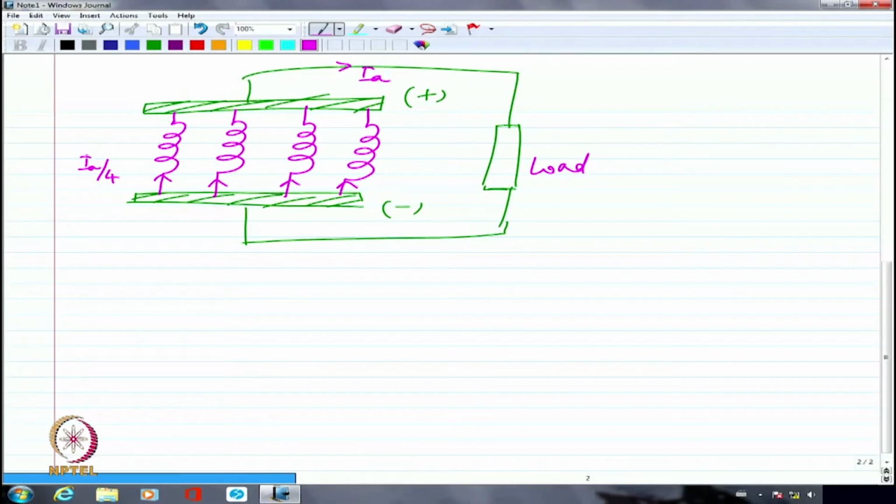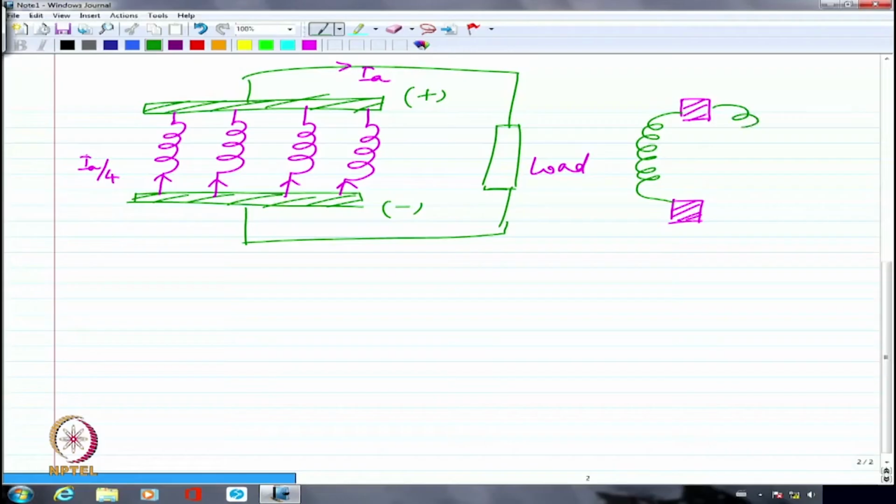Rather, if it is wave winding, I am going to have probably one brush on one side, another brush on another side. And if I assume that again there are 12 coils or 12 turns on the whole, I'm going to have on one side 6 turns, right?